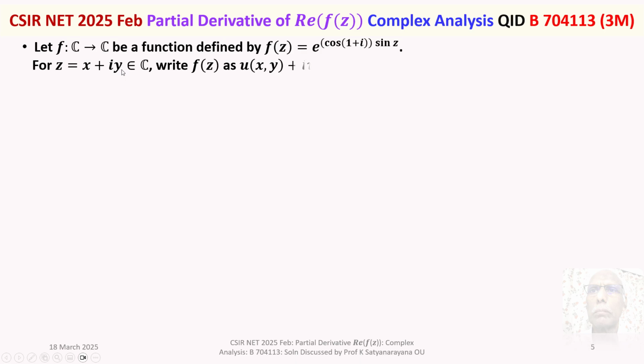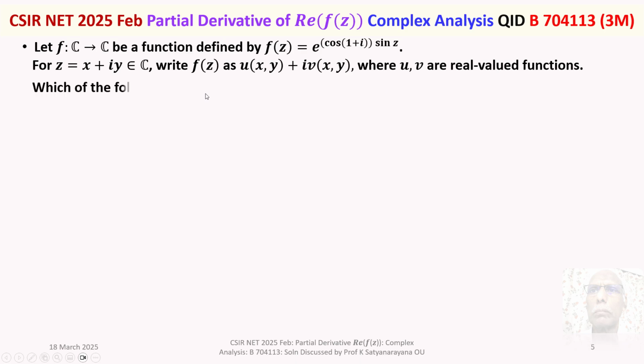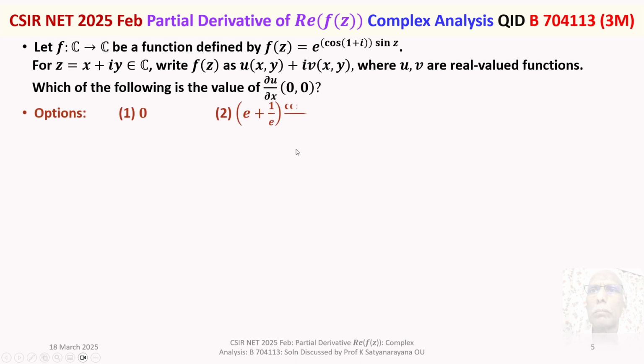For z is equal to x plus iy belongs to C, write f of z as u(x,y) plus i v(x,y), where u and v are real valued functions. Which of the following is the value of del u by del x at (0,0)? We are given 4 options. Let us now discuss the solution of the problem in detail.